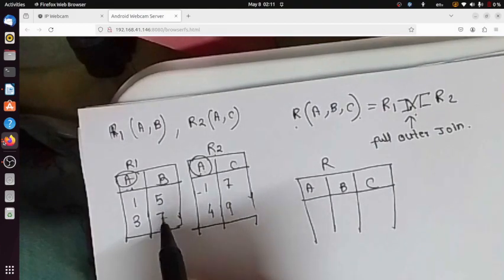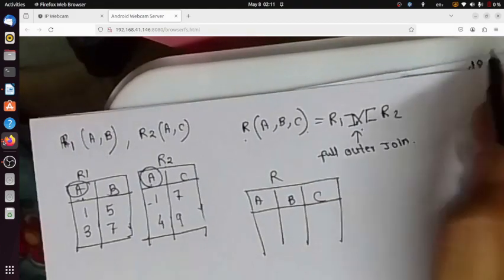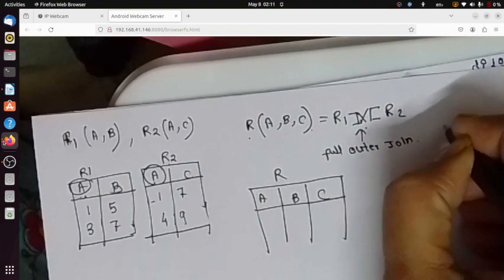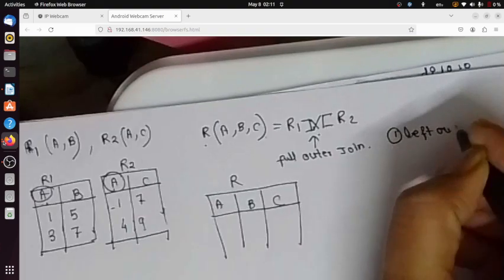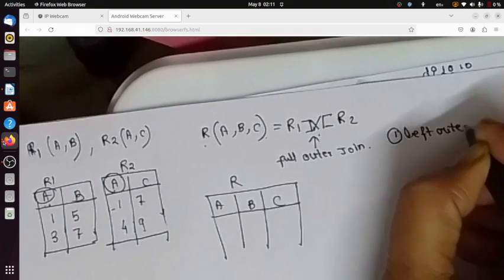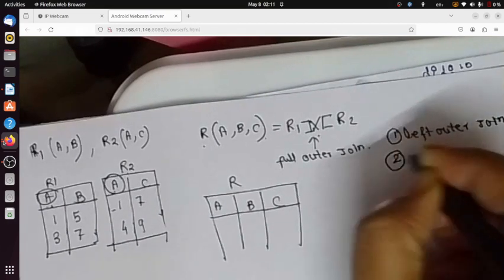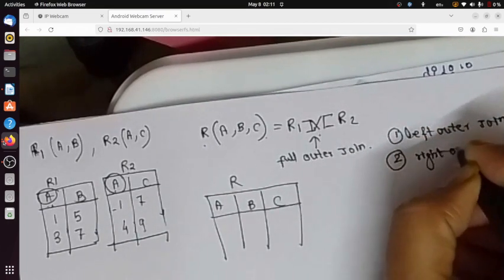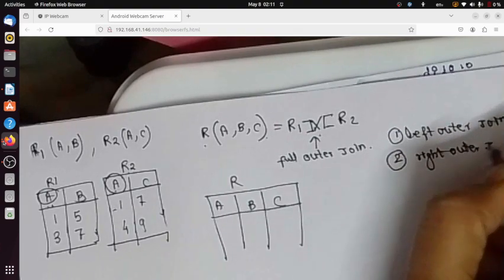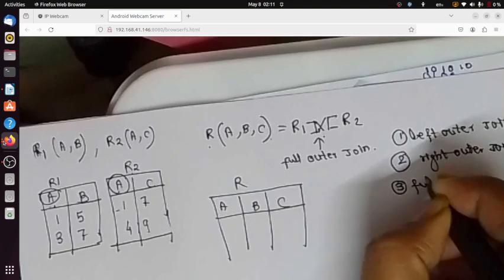Actually, outer join can be of different types. For example, one operation is known as left outer join. Another is known as right outer join, and the third is known as full outer join.